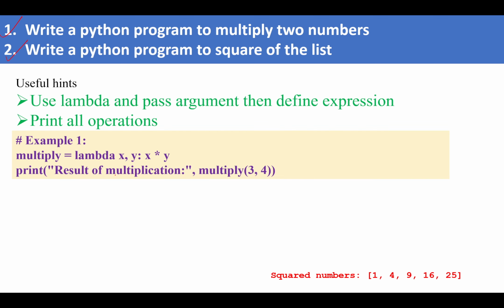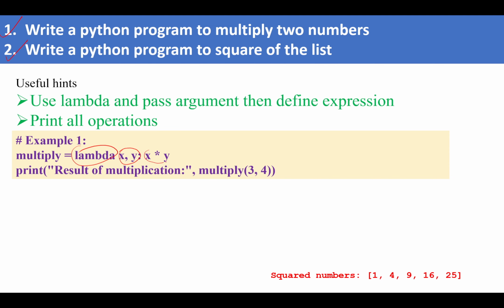We have to use a lambda function, which is defined and assigned to a variable multiply. The lambda function takes two variables, x and y, and returns the result in the form of a multiplication.